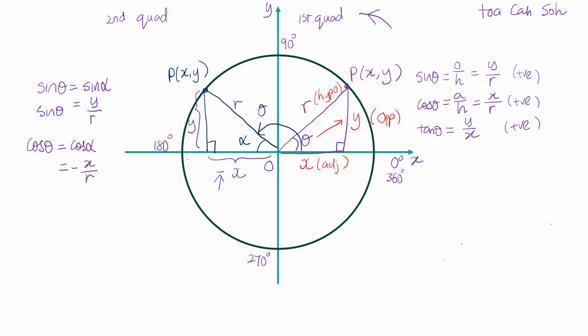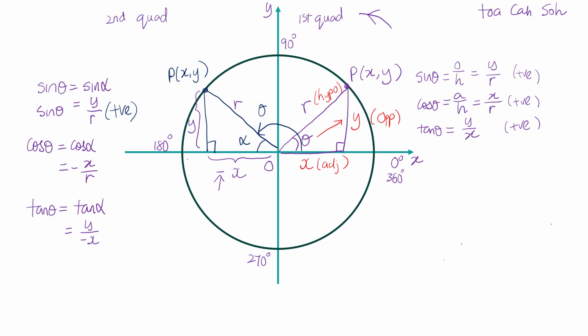And let's look at your tangent theta. Tangent theta will be O over A. Opposite is y, but your adjacent is a negative. So let's look at it carefully. In the second quadrant, we observe that your sine ratio is positive.